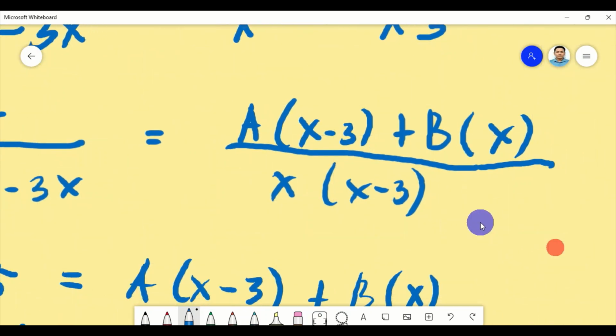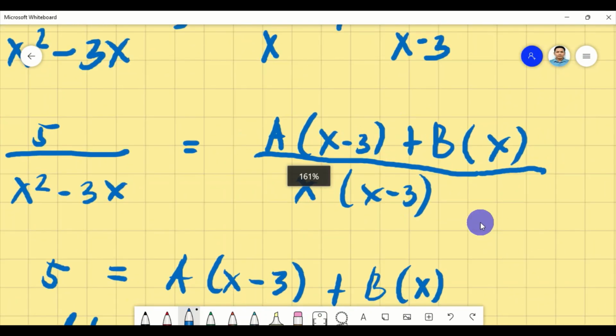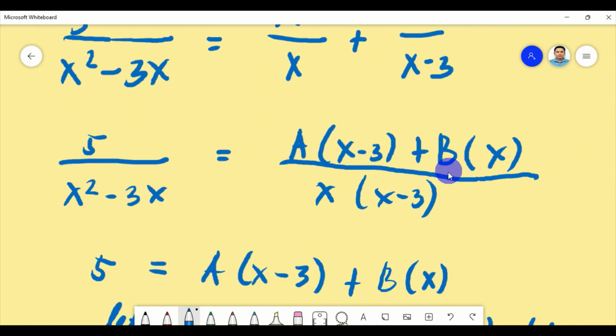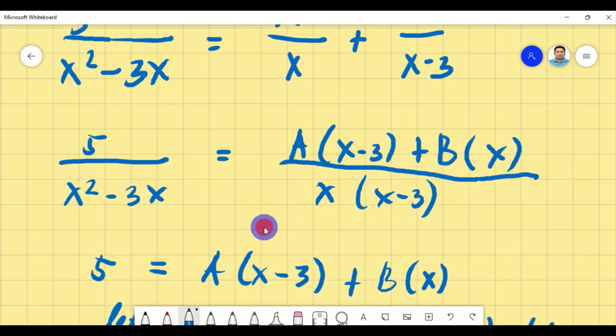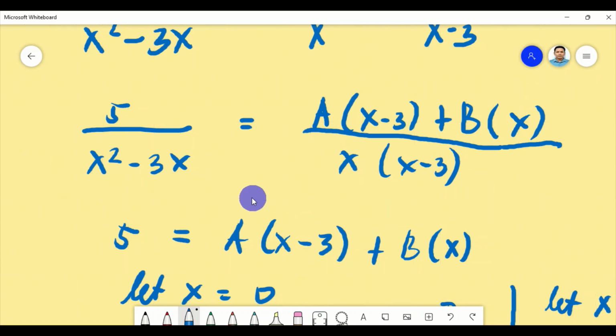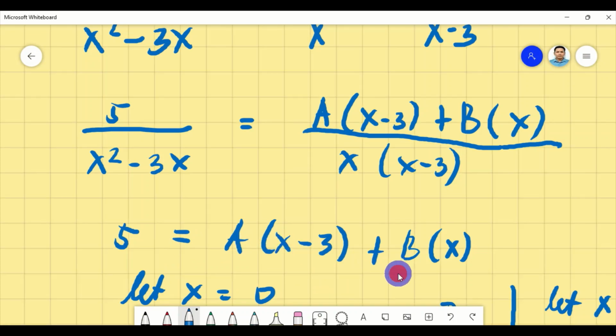And that is actually being applied on the second expression. So you have b times x here. Then you're aware that the denominators of the left and the right side of the equation are equal. Therefore, we can now equate the numerators. So 5 is equal to a times the quantity of x minus 3 plus b times x.